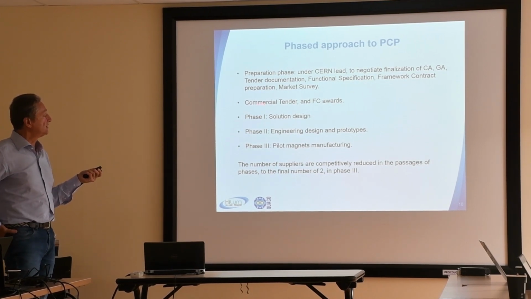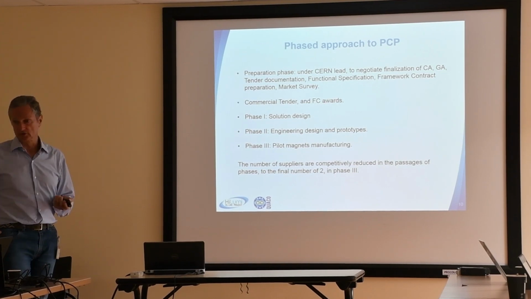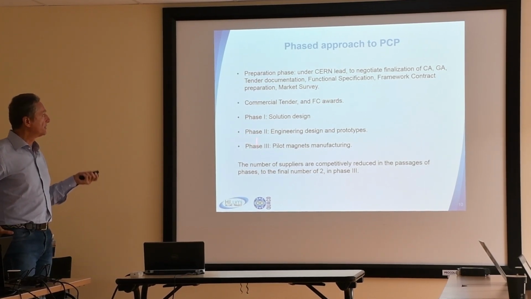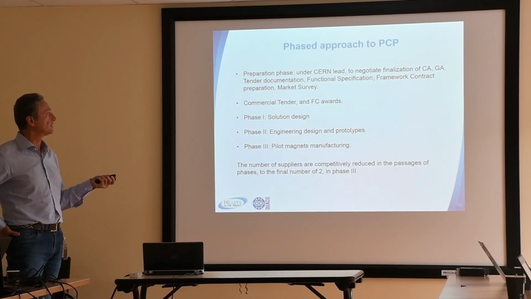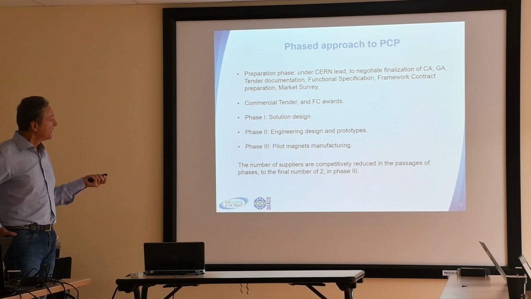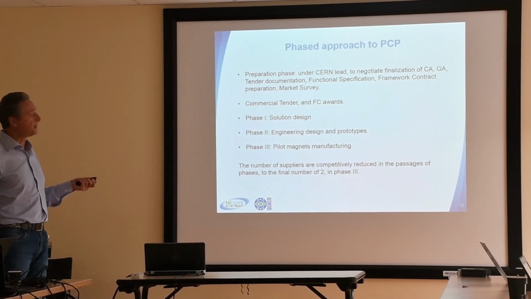Then you run the tender, and you award the framework contract. And then you start the implementation phase. Phase 1, which is the solution design. Phase 2, which is engineering design and prototype. And phase 3, which is the manufacturing of the pilot product.